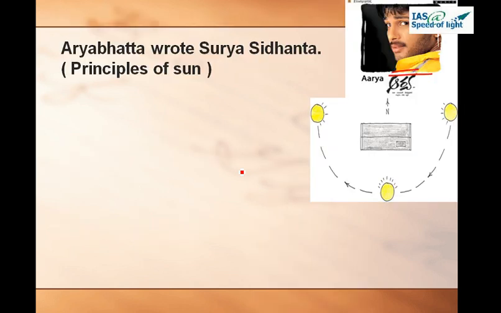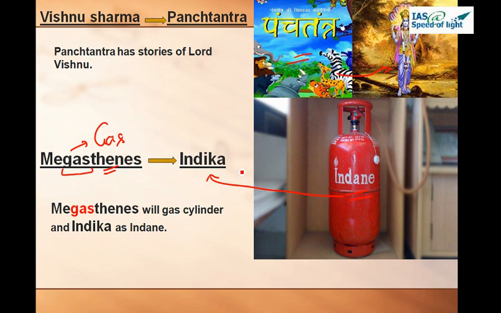Arya Bhatta, Arya, hero Arya, what did he write? Surya Siddhanta. Vishnu Sharma, Lord Vishnu stories in Panchatantra. Megasthenes, Magus, gas cylinder of Indane, right? Indica. Megasthenes, gas, Indica, Indane.